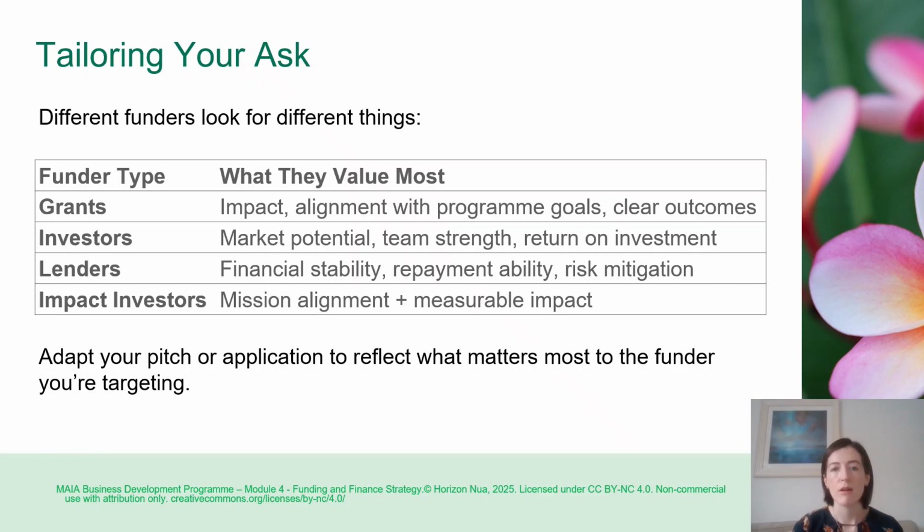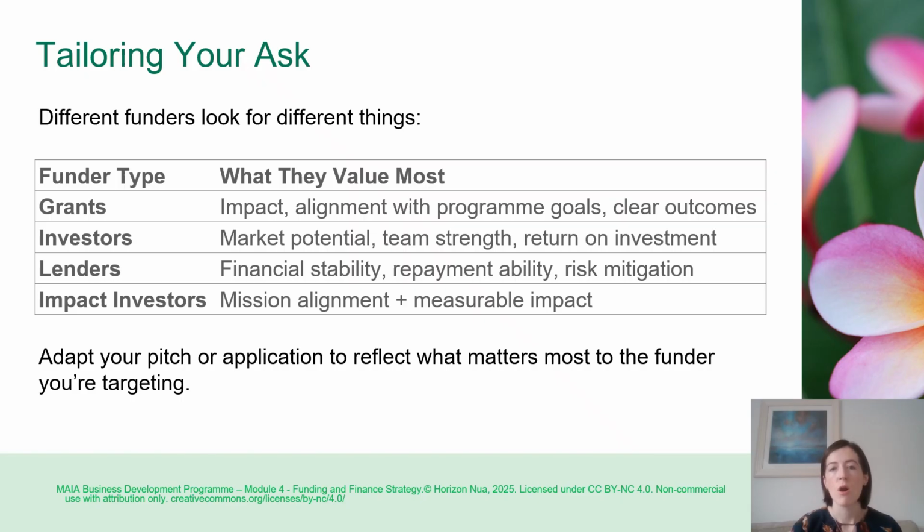They'll look for clear outcomes, solid impact metrics, and a realistically delivered plan. Investors, on the other hand, care most about your potential for growth and return. They'll want to see a clear route to scale, evidence that there's market demand, and a capable team that can execute. Your impact may be a bonus, but the business case must be strong.